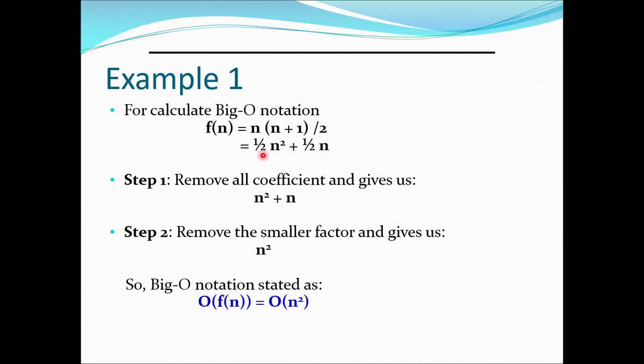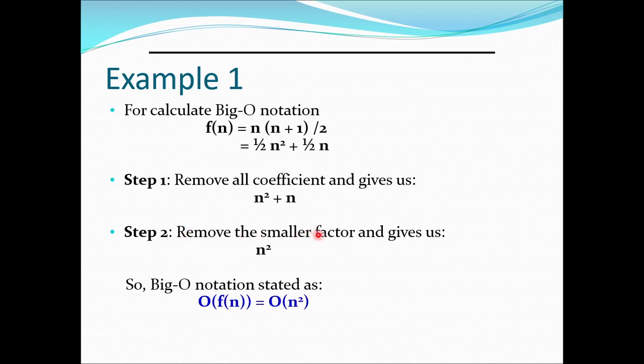From this expression, the first step is to remove all the coefficients, all the numbers. So we remove all the numbers, and it gives us n squared plus n. We leave only the terms n squared plus n, because we already removed all the coefficients.